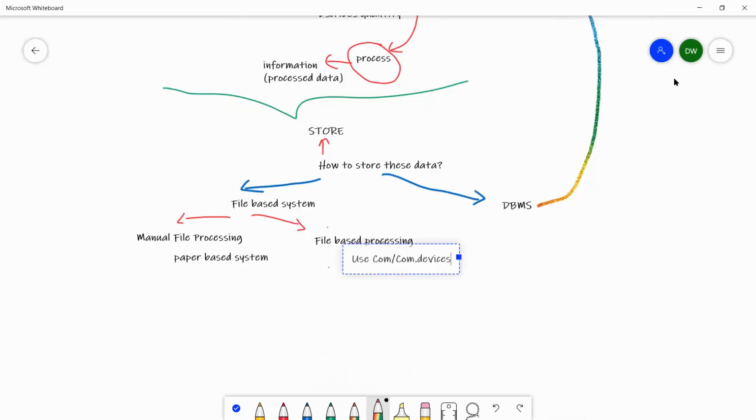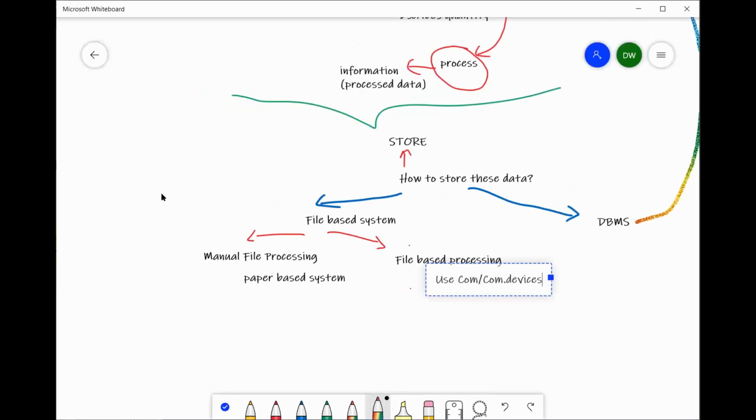Those difficulties and disadvantages are there in file-based processing, and that's why we go for a database management system. I'll take those difficulties from your lecture material and put it here.